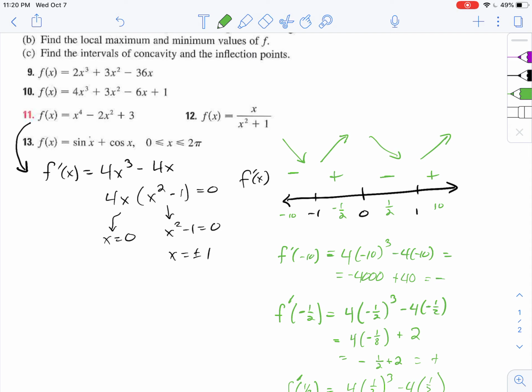All right, so this tells me that the function has this general shape. So it's increasing on the interval from negative 1 to 0, and on the interval from 1 to infinity.